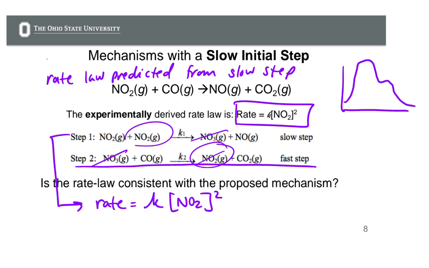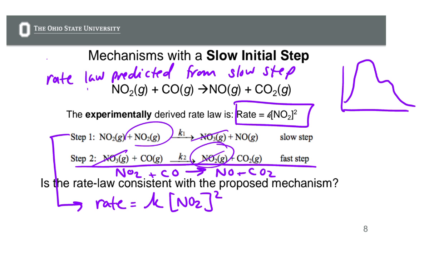So we're going to cancel those out. That's where this is going to allow us to get to this overall reaction. So if we sum these up, NO2 plus CO forms NO plus CO2, leaving off all my gas phases there.